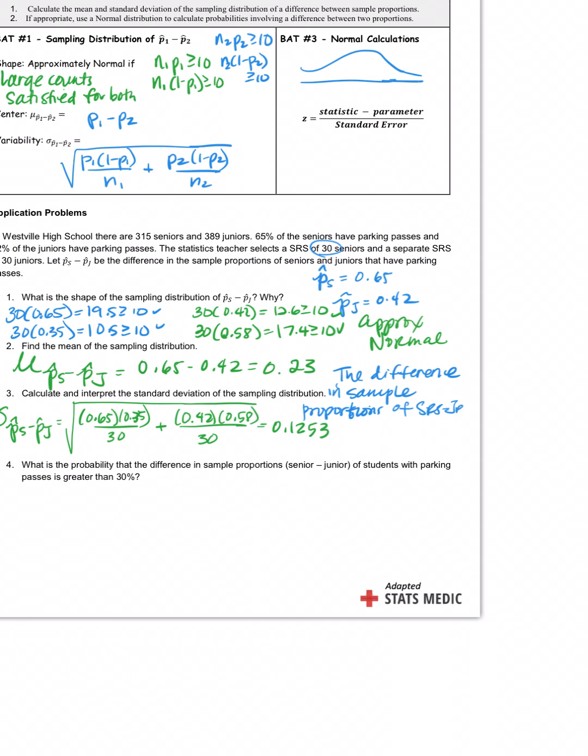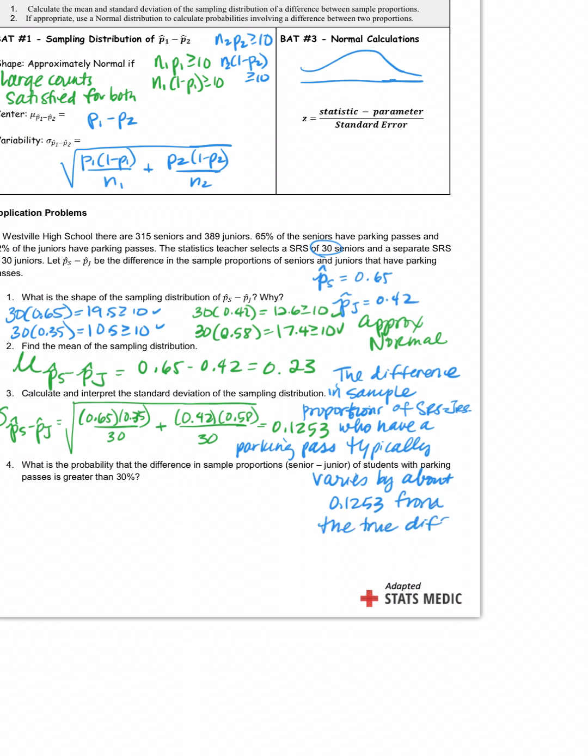Seniors minus juniors who have a parking pass typically varies by about 0.1253 from the true difference in proportions. Okay? Yes, I abbreviated because I ran out of space.